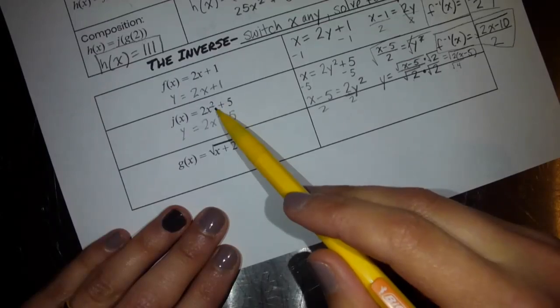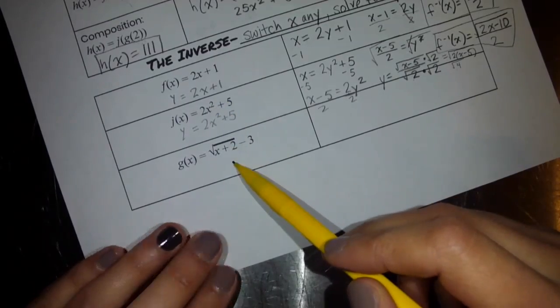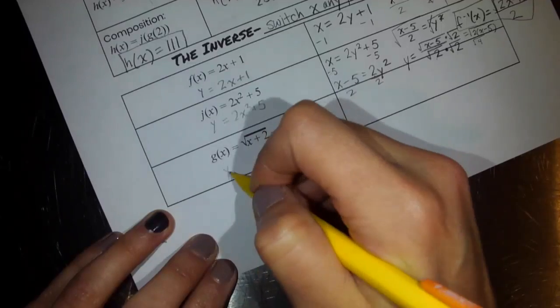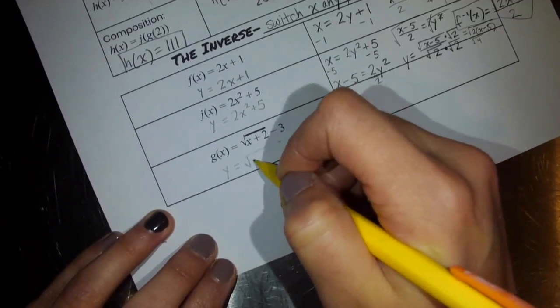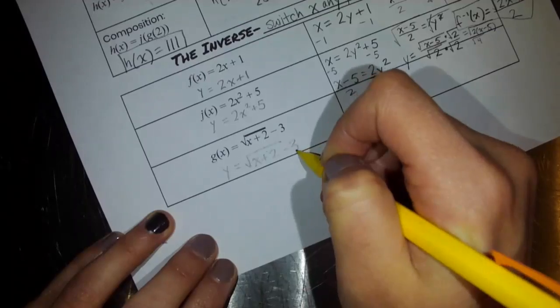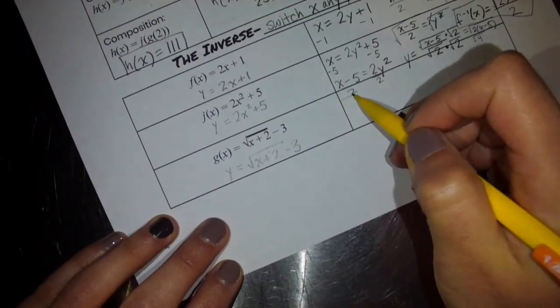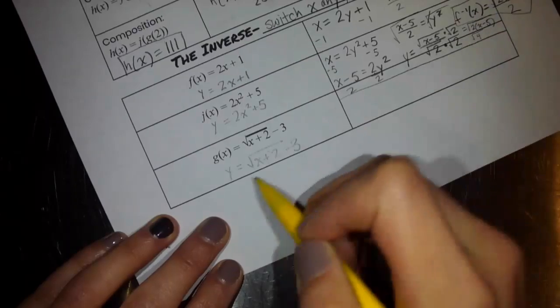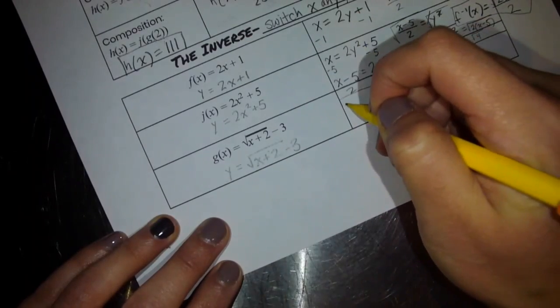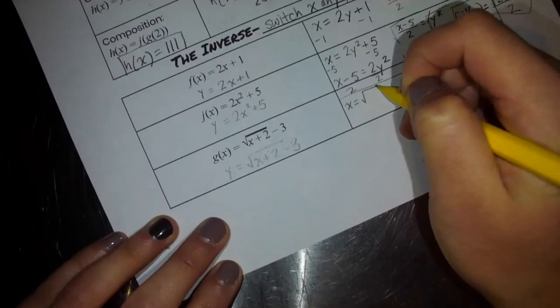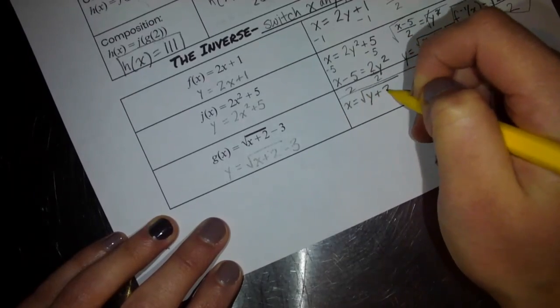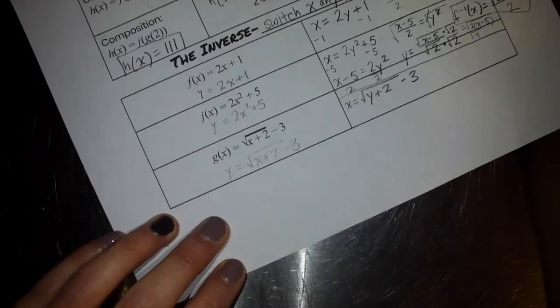Instead of being raised to some whole number exponent, we have a radical. Okay, so again, this is like y, the square root of x plus 2 minus 3. So first thing I want to do is switch out the x and the y. So this is x equals the square root of y plus 2 minus 3.